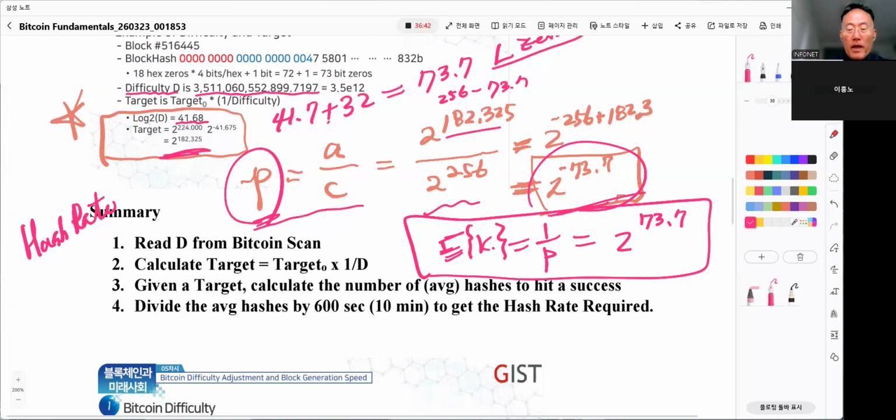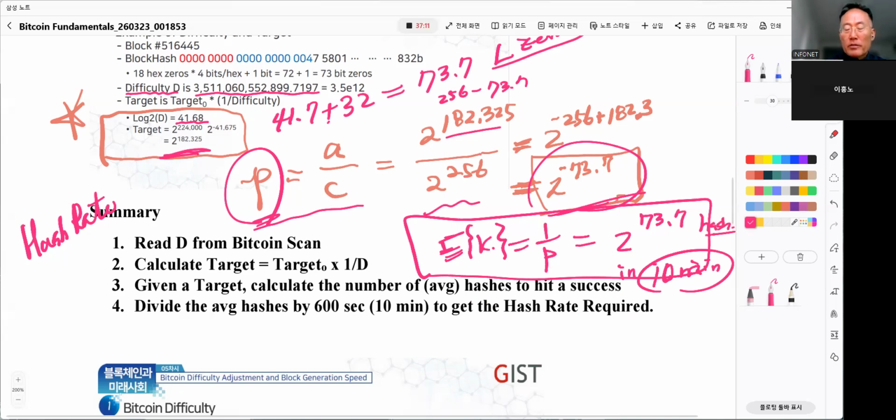Now, in order to find an answer in one block generation time, which is 10 minutes in the Bitcoin case, you have to run this many hashes on average in order to find the good hash. In 10 minutes, you have to run this many hashes.